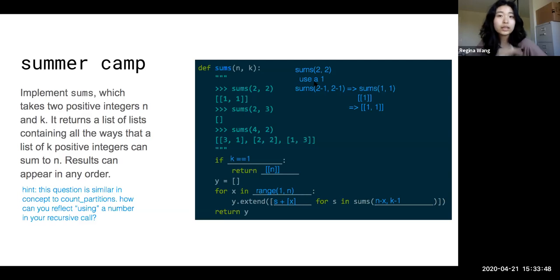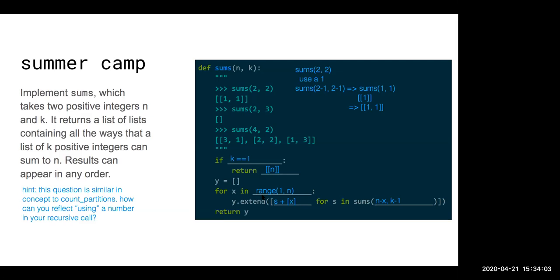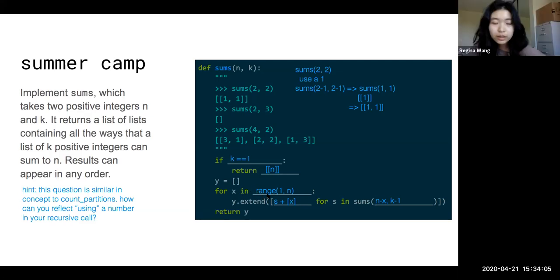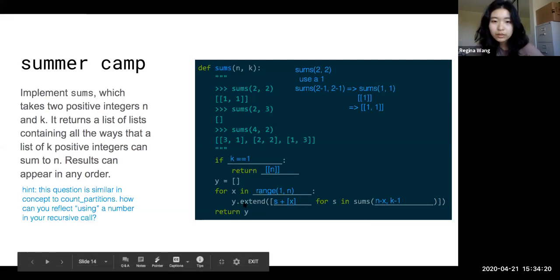And there's no set order in which you would use these numbers. So at every instance of calling sums, you would have to go through the entire loop. So that's why you would fill this in. And then you realize every time you use a number, you're going to have to extend your recursive call, the solution from your recursive call. And so that's how I figured out what to put inside of this line, y.extend.